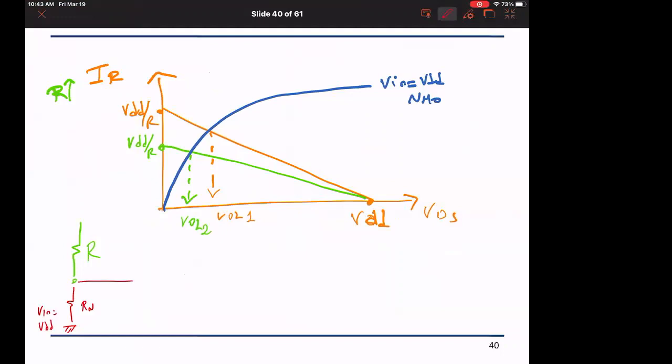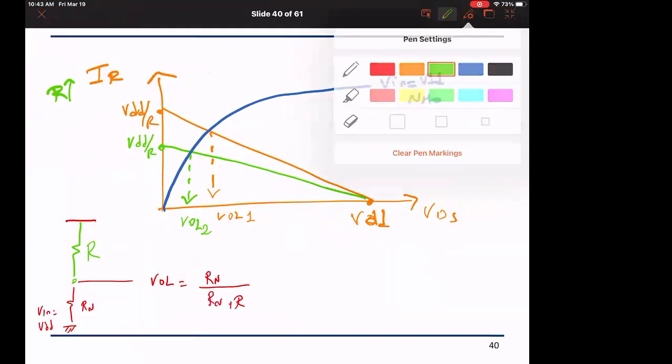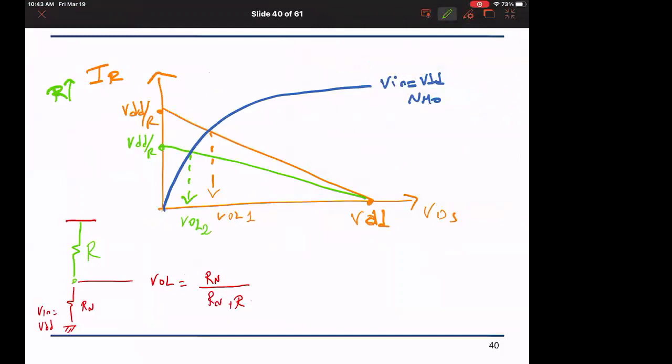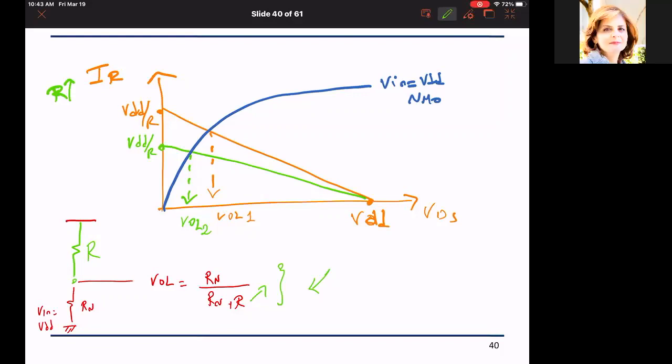And so what is VOL? If I think of it for the NMOS device, it is Rn over Rn plus R. So what happens whenever R increases? What happens to this whole quantity? It's going to drop. Okay? Clear? Anybody has any question? Okay, great.